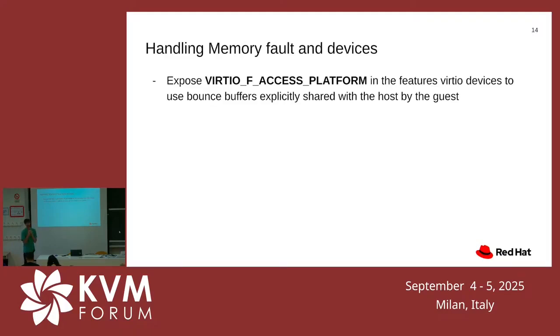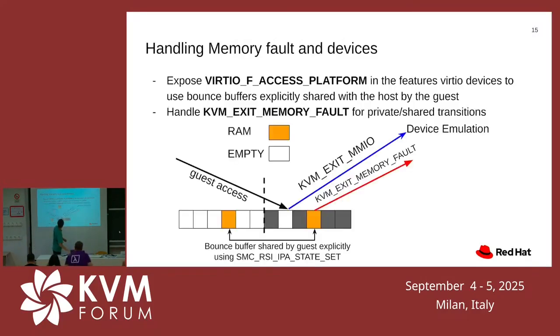And for the devices, the only change that we have, as far as I remember, was to expose bounce buffers, which have to be explicitly shared from the guest to the untrusted host. So basically, when we have to do device emulation, we're going to select some page in the unprotected region and then mark it as empty.